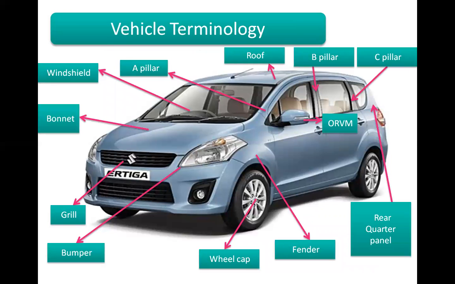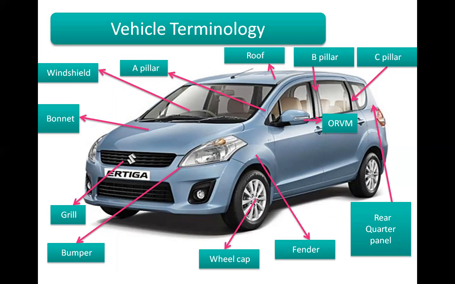Then vehicle terminology. See here in the picture, the various body parts are shown. That is, bonnet is there, windshield is there, A pillar is there, roof is there, the upper area of the body of the four wheeler is called the roof.